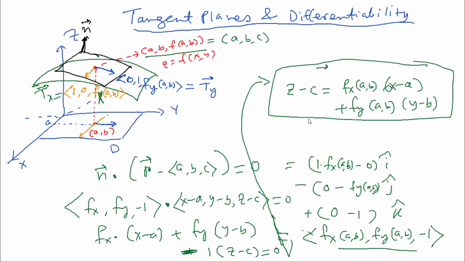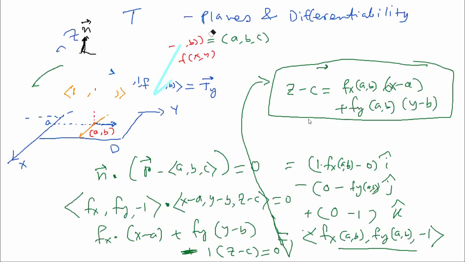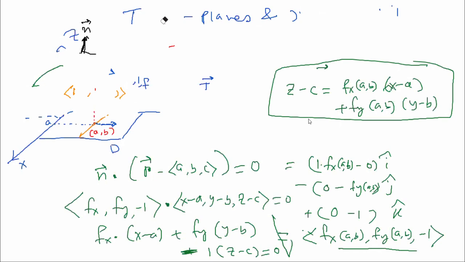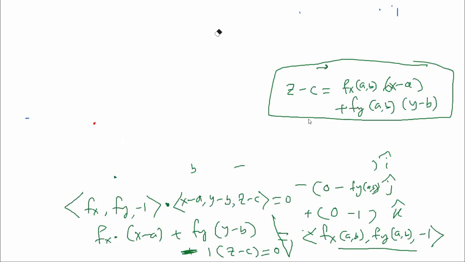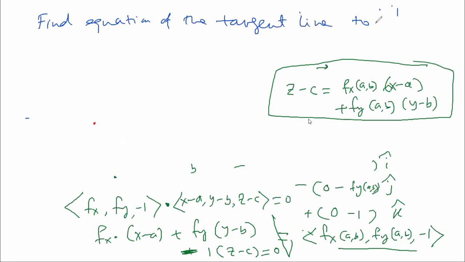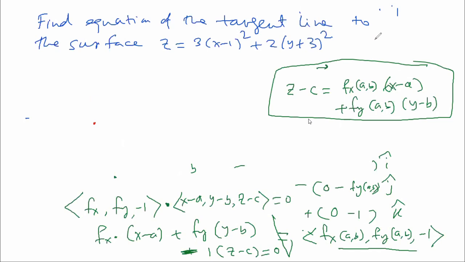So, using this, find the equation of the tangent plane to the surface z equals 3 times (x minus 1) squared plus (2y plus 3) squared plus 7 at the point 2, negative 2, 12.